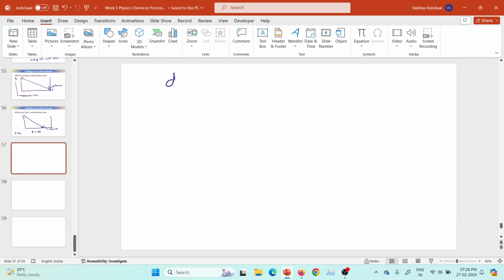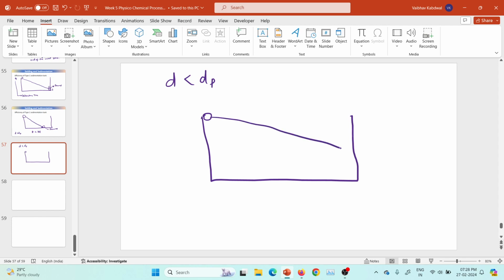But if d is less than dp, the particle is smaller than the design particle size, so it will not settle. So we consider it as not removed.